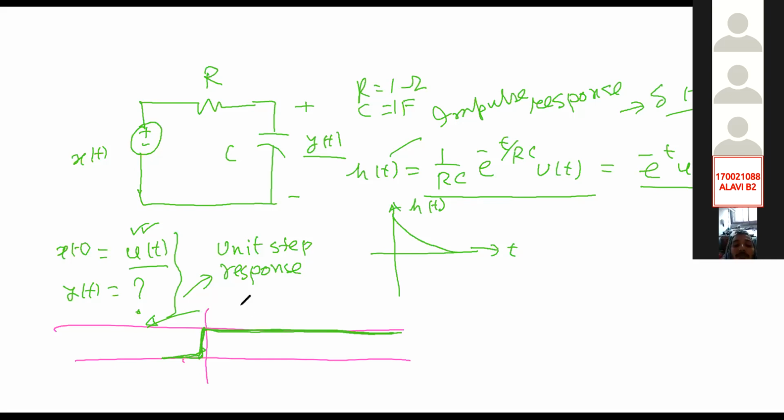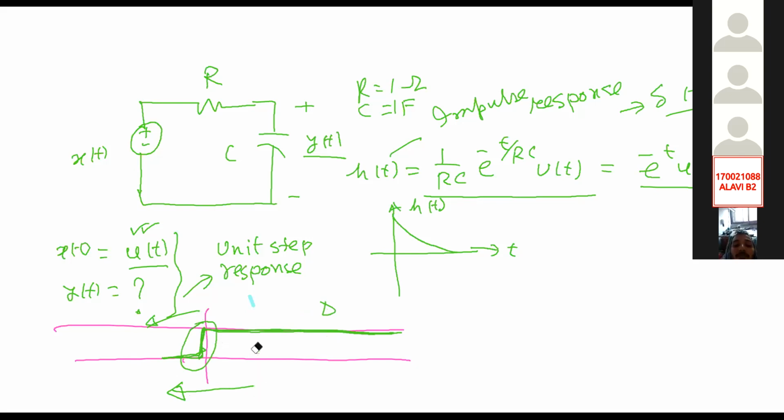But if we forget this region, then if someone is looking at the behavior of your circuit or system far away from time t equal to 0, it appears to be DC. But at time t equal to 0 or near 0, these two things are completely different.